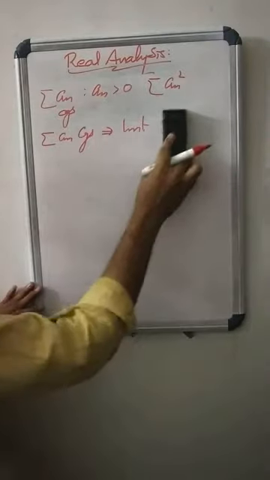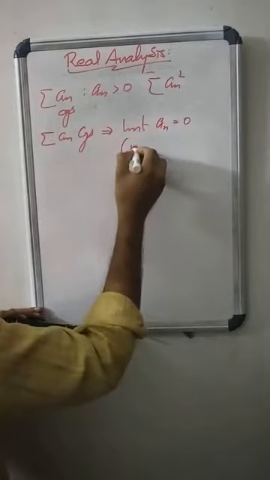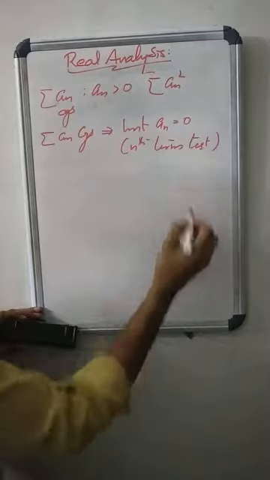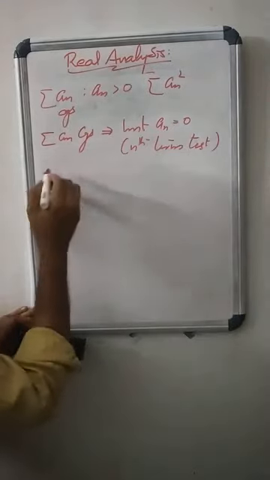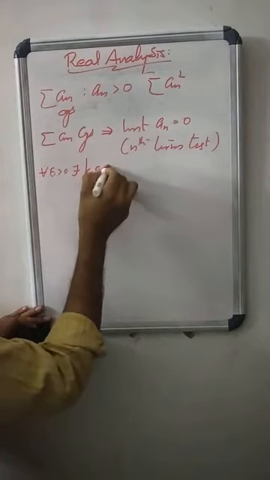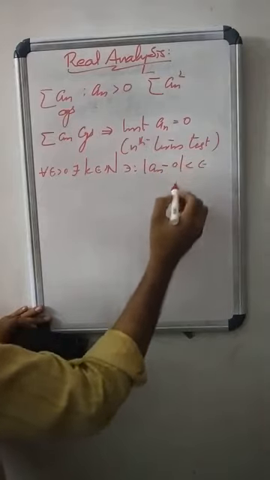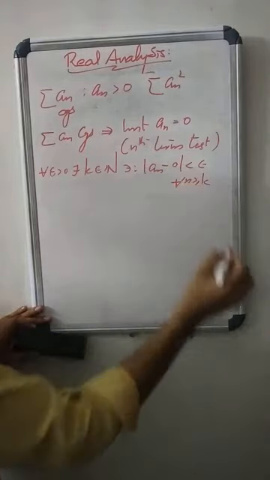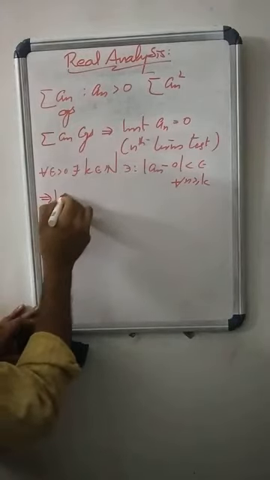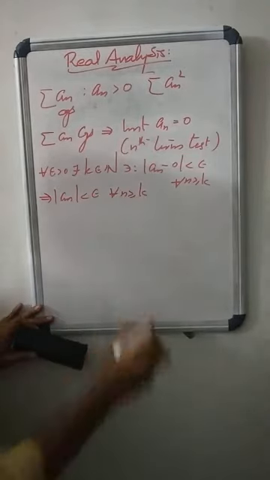Limit a_n equals 0 means for all epsilon positive, there exists a natural number k such that modulus of a_n minus 0 is strictly less than epsilon for all n greater than or equal to k. Agreed? That means modulus of a_n is strictly less than epsilon for all n greater than or equal to k.